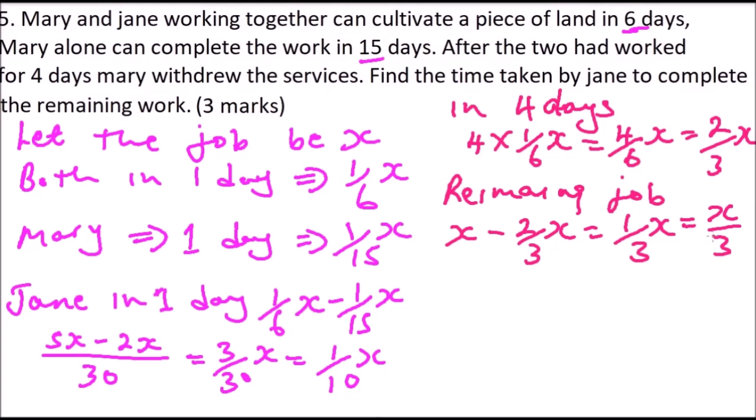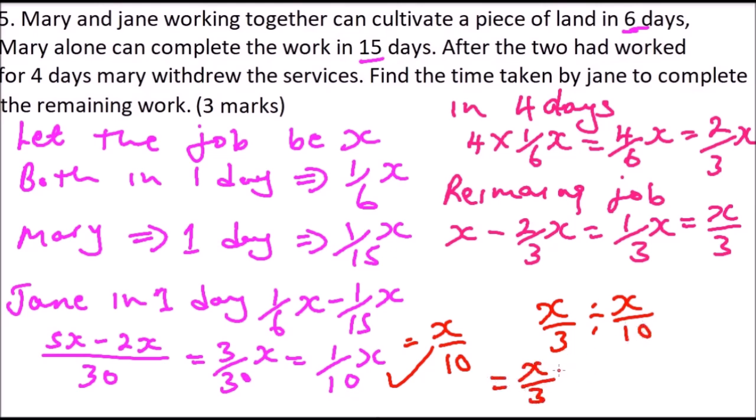So this is the work that Jane has to complete. And remember, we have said that Jane can do 1/10 of the job in a day, which we can also write as x divided by 10. So you divide the remaining job, x/3, by what Jane can do in 1 day, which is x/10, and this will give you x/3 multiplied by 10/x.